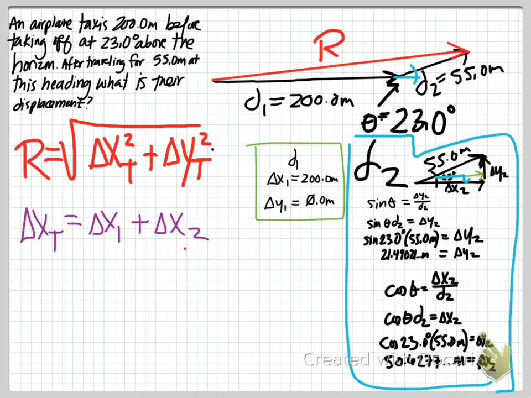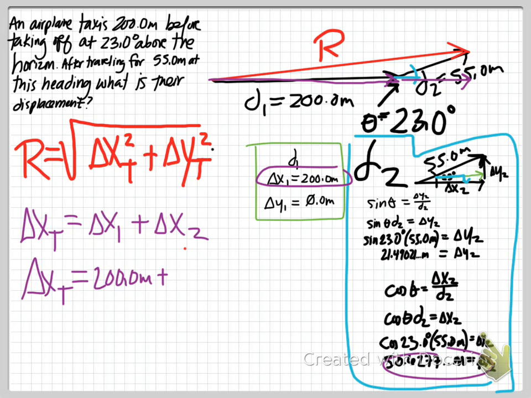And if you want those in purple, there is delta x1, there is delta x2. So it's the total x displacement. Well, I just happen to have those numbers. So delta x total equals 200.0 meters plus 50.627 blah blah blah meters.